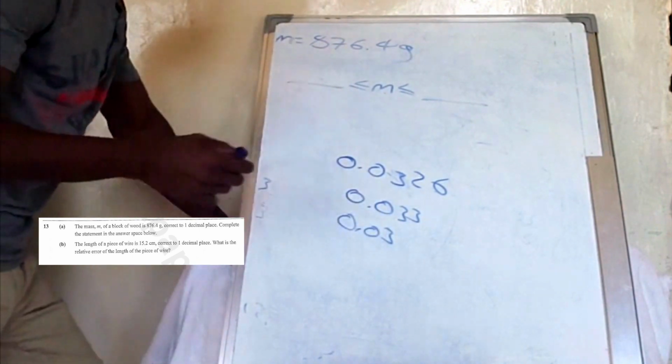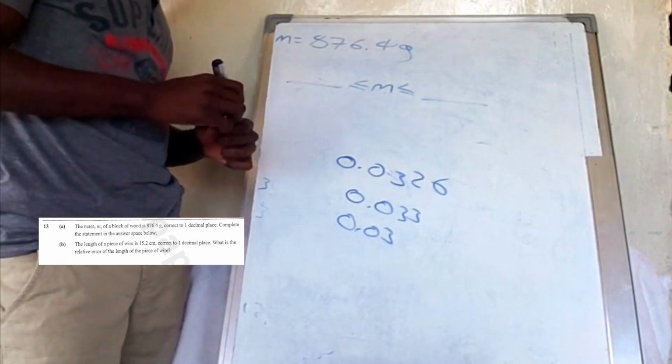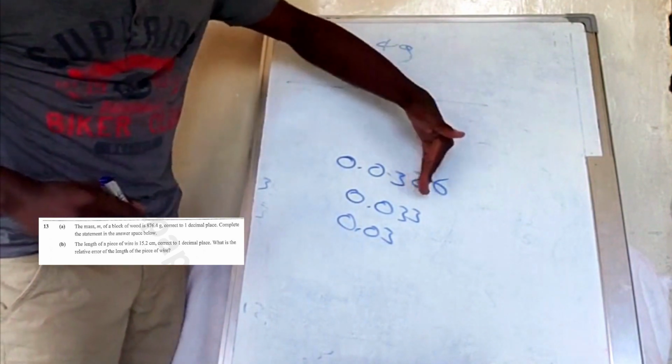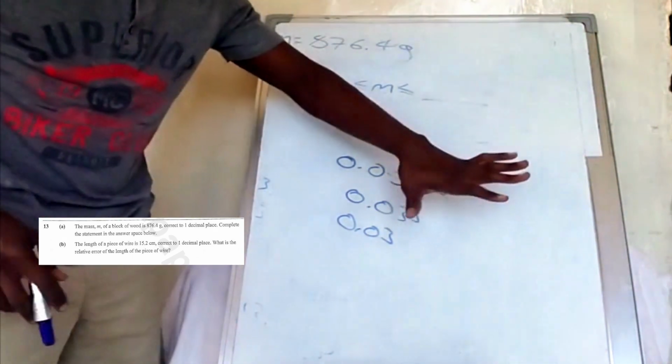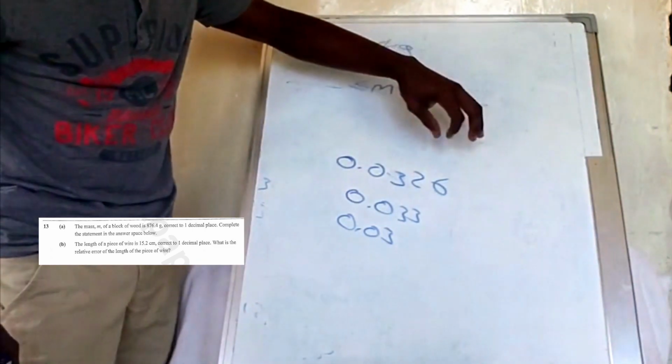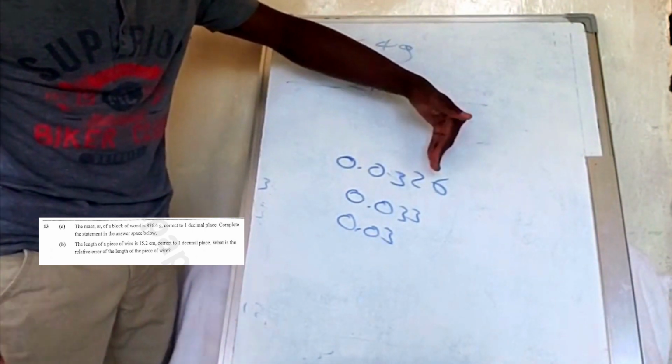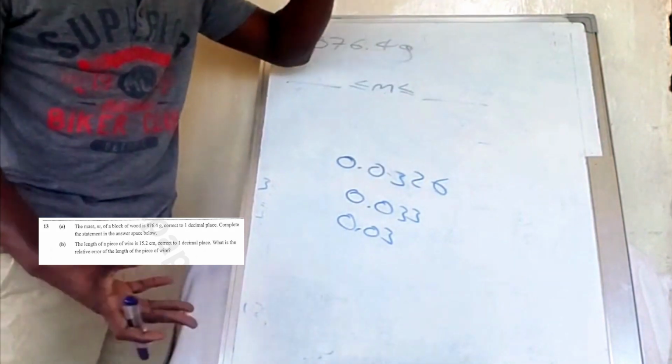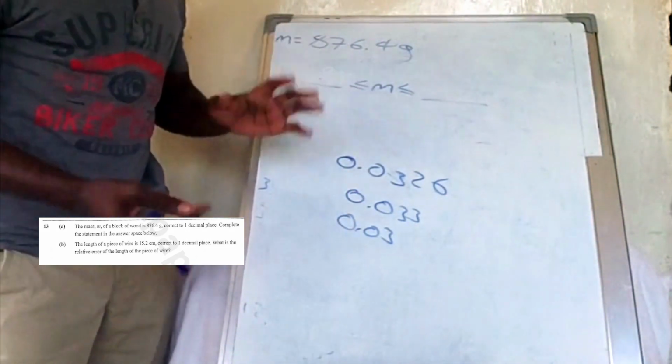Okay. So we find that if the number that is immediately being cut off is less than 5, then the last number that we're going to have will not be rounded off, it will not be increased or changed in any way.